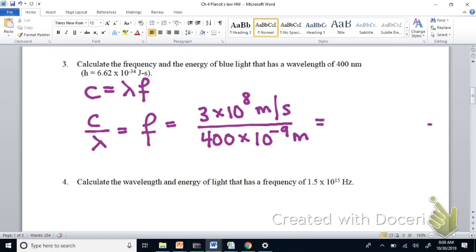That's going to leave me with an inverse second as my unit for frequency, which is also known as a hertz. So either hertz would be acceptable for the unit, or an inverse second would be acceptable for the unit.